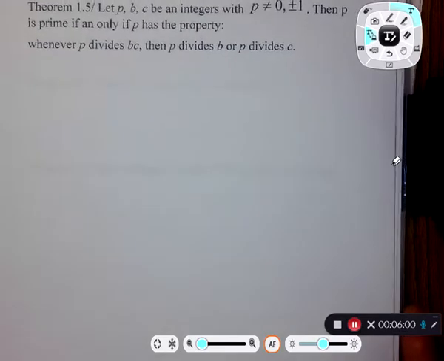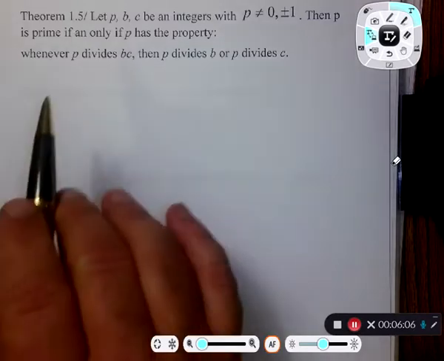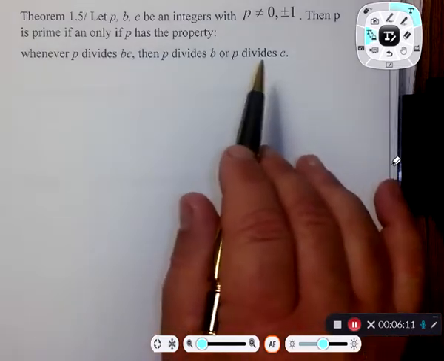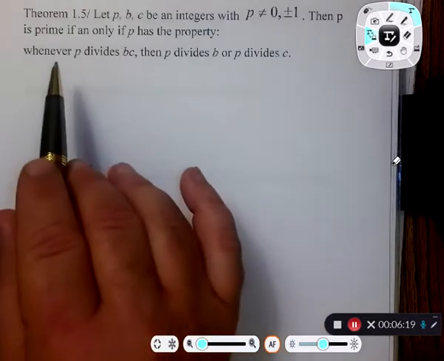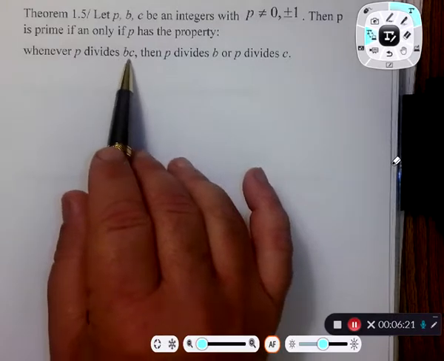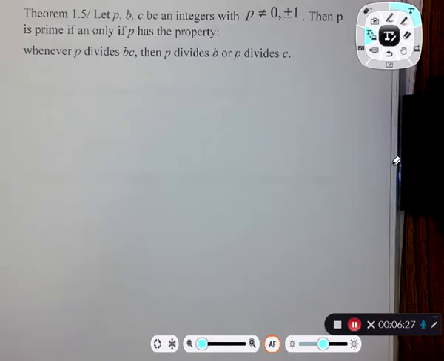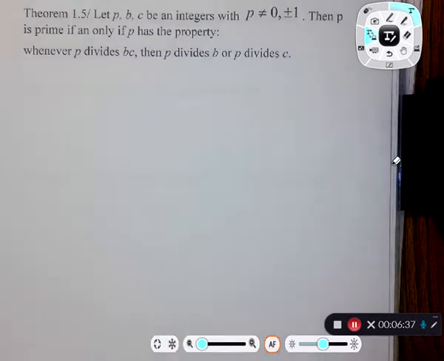Then P is prime if and only if P has the property that whenever P divides a product B times C, then P either divides B or P divides C. So there's a property of primes that whenever I have a prime that divides a product, it either divides the first guy or it divides the second guy, or it could divide both of them for all we care. But that's an interesting property of primes because since primes can't really be factored, when P divides a product, it'll either divide the first term or divide the second term.